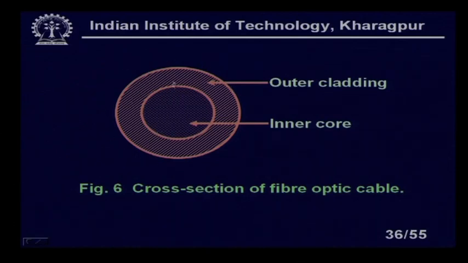The refractive index of the inner core will be higher than that of the outer cladding, and only then will you get the total internal reflection. Please note, the refractive index of the inner core will always be higher than the refractive index of the outer cladding, otherwise you will not get total internal reflection.